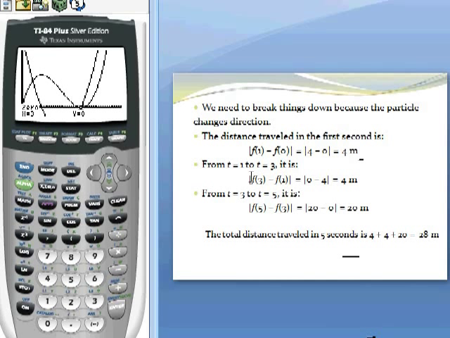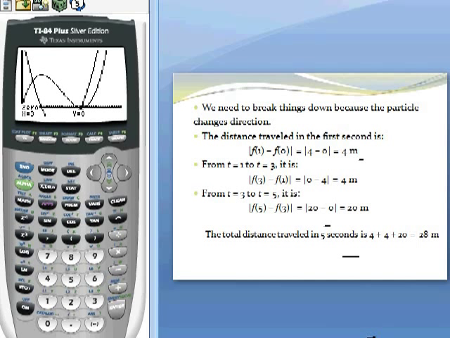Same thing 1 to 3, because that's where the velocity is crossing the axis. And then after 3 to 5, around here. So I have 4 meters, 4, and 20, so it actually traveled a total of 28 meters.